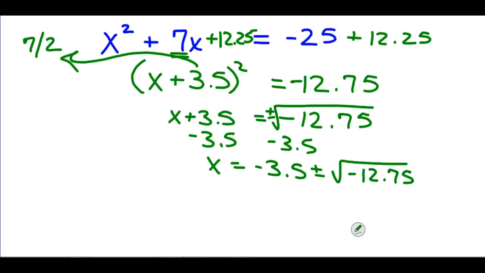Before you get into your calculator, you should recognize that you have a negative number under the square root sign. So your calculator is going to need to be in imaginary mode. Mode in the calculator is a button that's up by the second, and you're going to go in there and look for the A plus BI so that it will give you some instructions, or it'll put the calculator in the right mode.